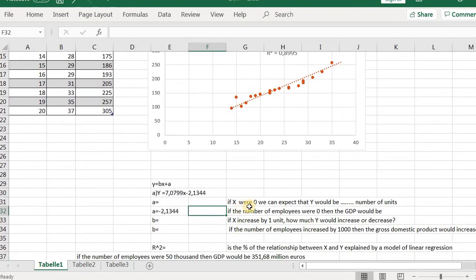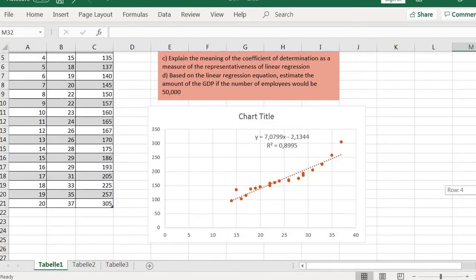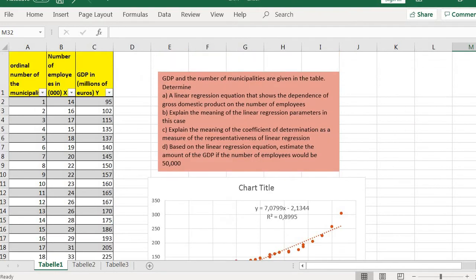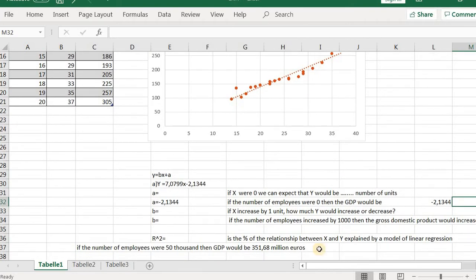If we put here instead of X the number of employees and instead of Y GDP, we have our explanation, and that means if the number of employees were 0, then GDP would be minus 2.1344 million of euros. Okay, now we have the explanation for parameter A.